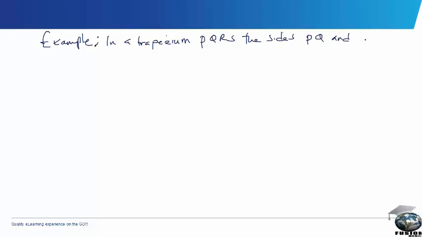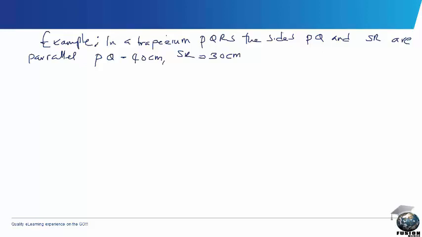Example: in a trapezium PQRX, the sides PQ and XR are parallel, and PQ is equal to 40 centimeters, XR is equal to 30 cm, and the distance between PQ and XR is 10 cm.